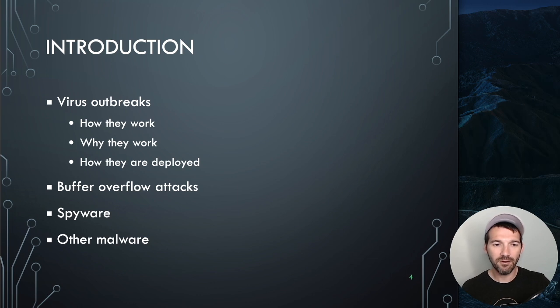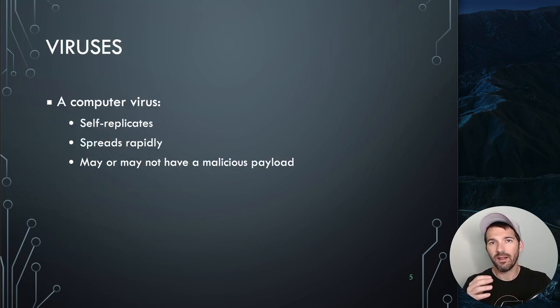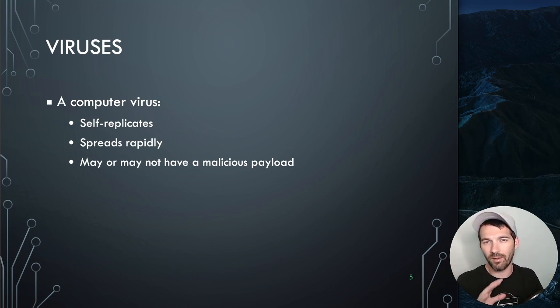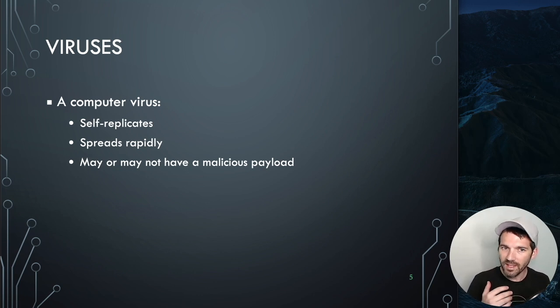Now, viruses are interesting because they are named after traditional human biological viruses in that they replicate. They often need a host to replicate, and this is one of the things that differentiates viruses from worms. They can spread quickly and are very transmissible, but a virus needs some kind of host file, host application, or host platform.